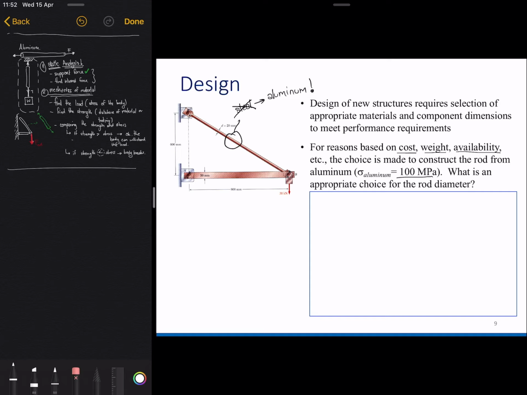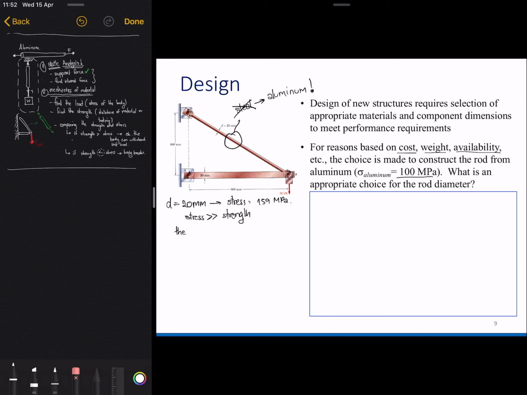Then, from what we calculated previously, if we still have the diameter of the rod at 20 millimeters, we will get a stress of 159 megapascal, and this rod has a strength of only 100 megapascal, so the stress is more than the strength.